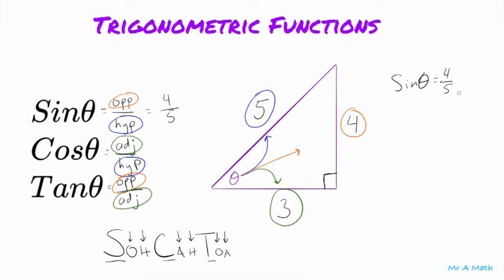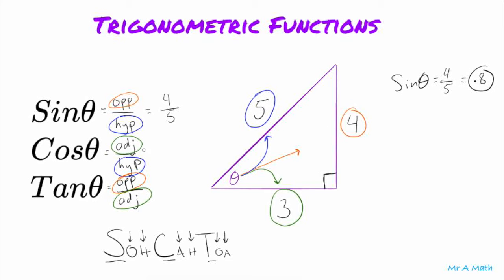If your homework wants you to leave it in that form, that's fine. Or you can write it as 0.8, because when you plug in 4 divided by 5, that's 80%. So essentially what we're saying is the ratio of the opposite side to the hypotenuse is 80% of the hypotenuse.